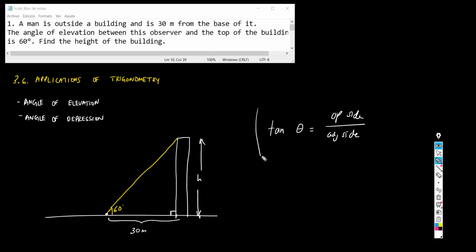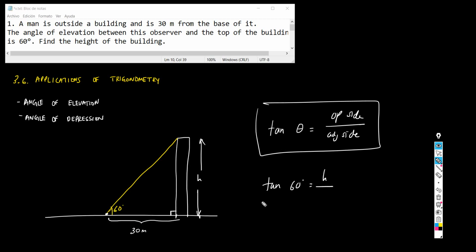So I'm going to use this definition to solve this problem. I can say the following: tangent of 60 degrees is equal to the opposite cathetus, which is h, over the adjacent cathetus to the angle, which is 30 meters.